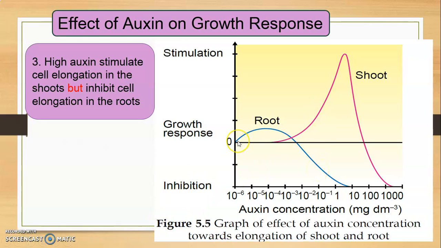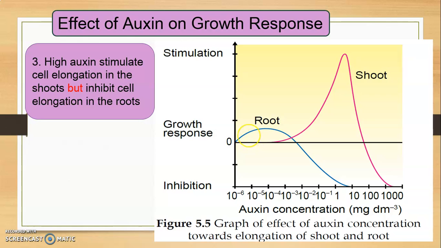But in the root, when the concentration of auxin becomes higher and higher, what happens? It will cause the inhibition of the cell elongation in the root. But at low concentration, it will cause stimulation of the cell elongation in the root.